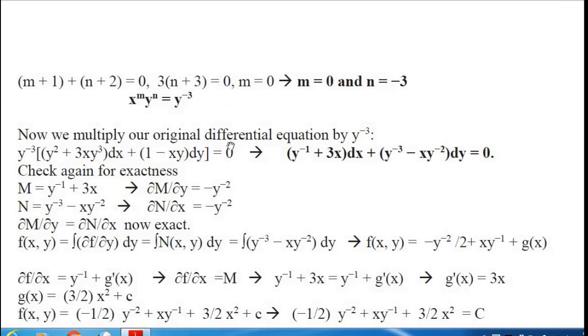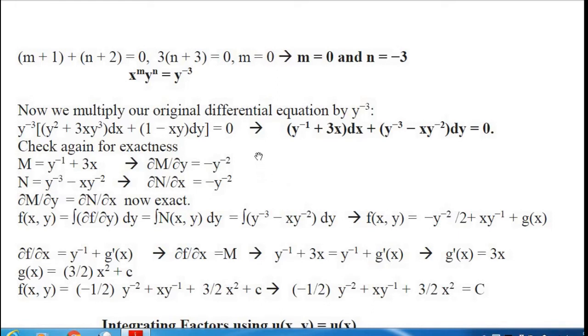Now multiply our original differential equation by y raised to minus 3, getting this expression, which implies y raised to minus 1 plus 3x into dx plus y raised to minus 3 minus x y raised to minus 2 into dy equal to 0. And now we have to check for exactness again.